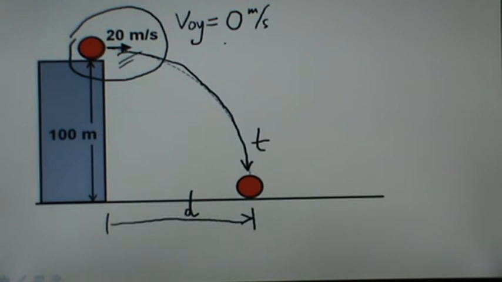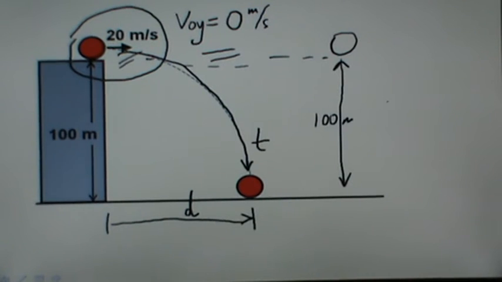Since the initial velocity in the vertical direction, or V0Y, is 0, we have a similar situation as if we drop the ball from the same height, 100 meters.